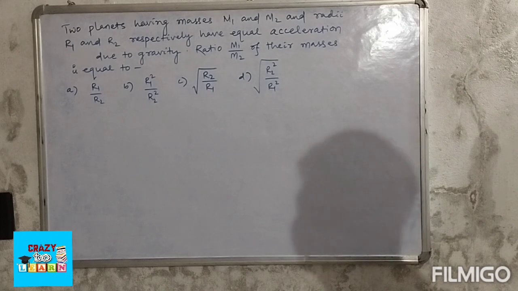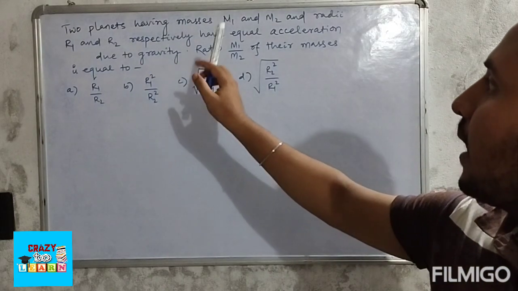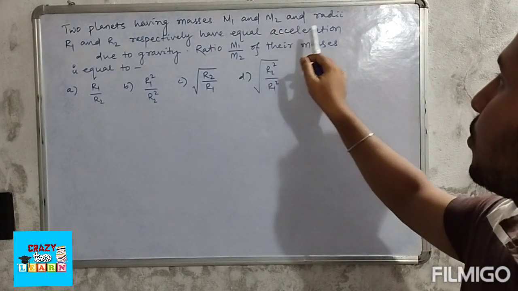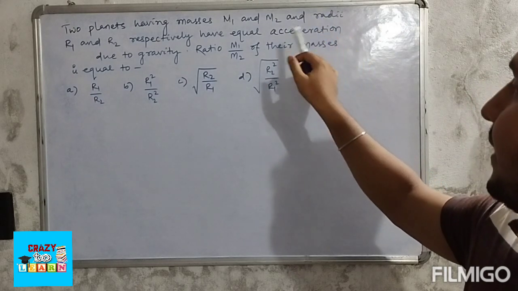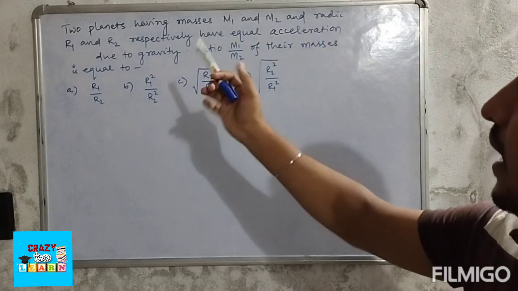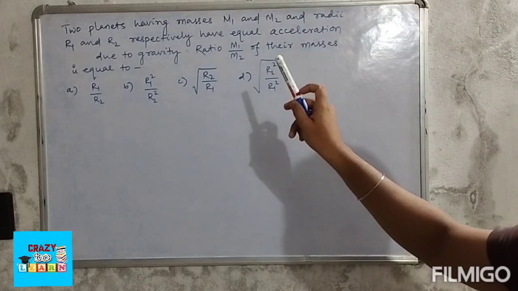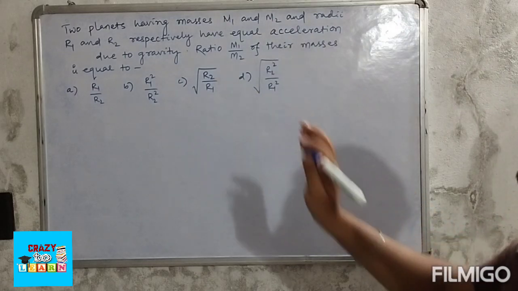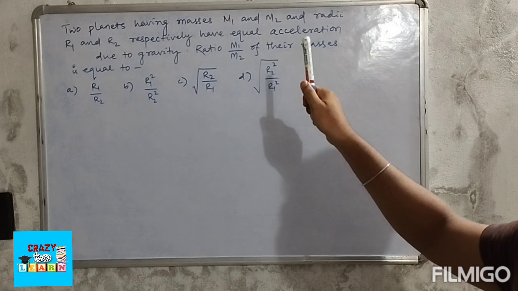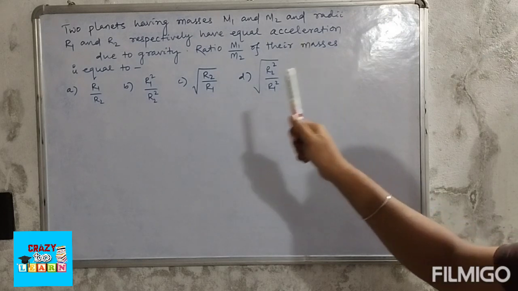Our next question is: two planets having masses m1 and m2 and radii r1 and r2 respectively have equal acceleration due to gravity. The ratio m1 by m2 of their masses is equal to.